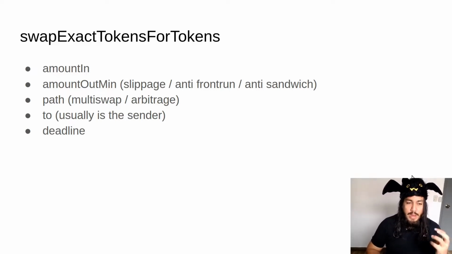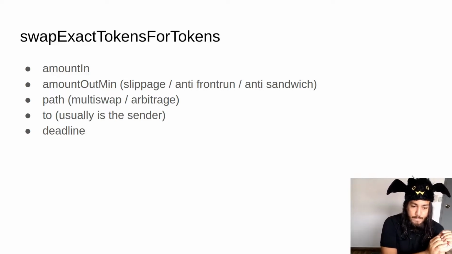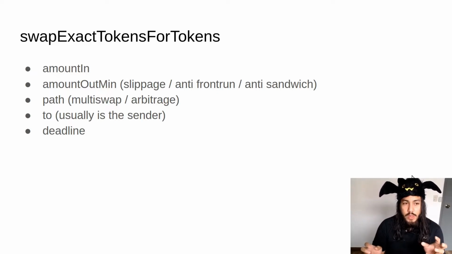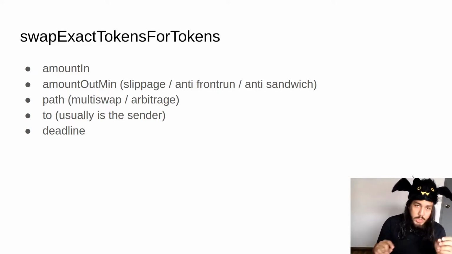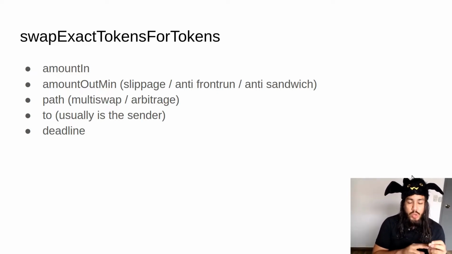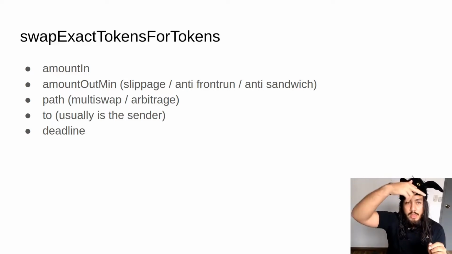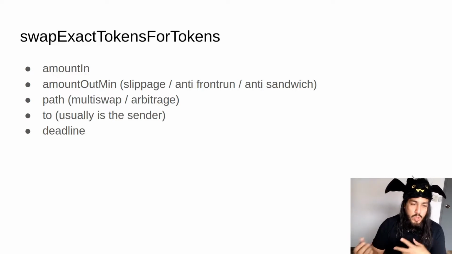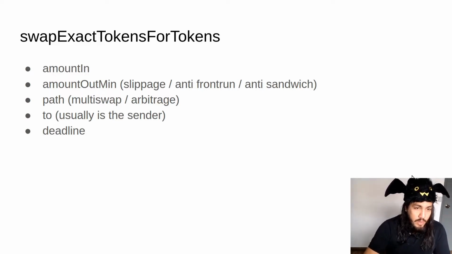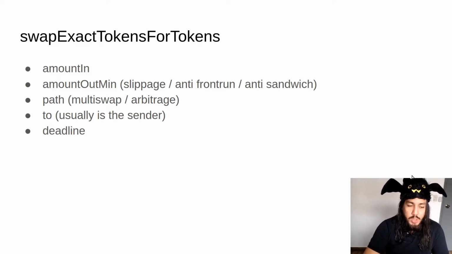Uniswap allows you not only to make a swap from token A to token B, but you can also make, in one transaction using the router, a swap of token A for token C and token C for token B, just to catch an arbitrage opportunity, which is nice.